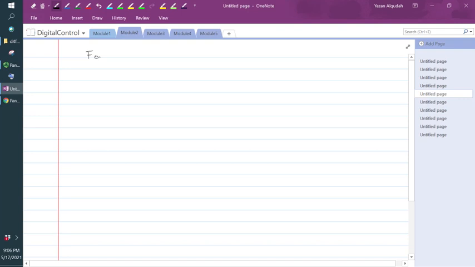So for our mass damper example, we had the A matrix equal to 0, 1, 0, negative B over M, and the B matrix was equal to 0, 1 over M, and the C matrix was equal to 1 and a 0, and the D was equal to 0.